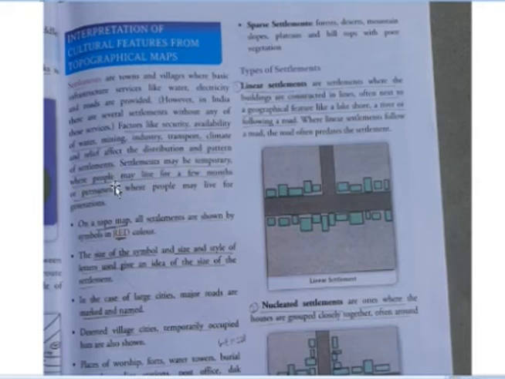Settlements may be temporary, where people may live for a few months, or permanent, where people live for generations. So, mostly two types of settlements: permanent or temporary.